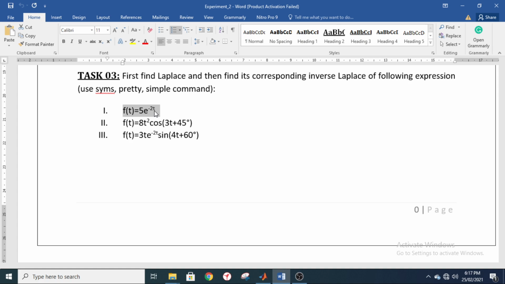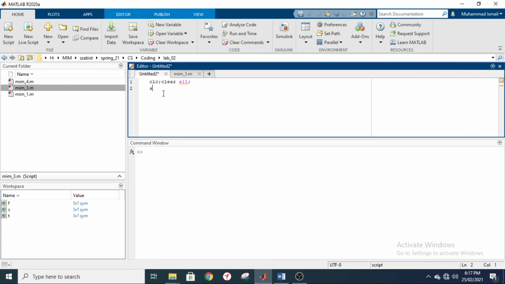So in MATLAB, if a variable has no constant value, how can we define it as a symbol? For this purpose, MATLAB uses the command syms. By using syms, we can declare any variable as a symbol, and MATLAB will treat it as a symbol.